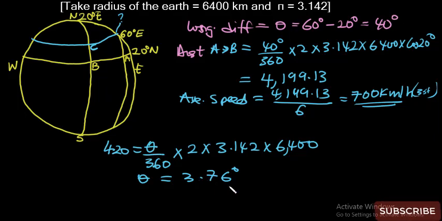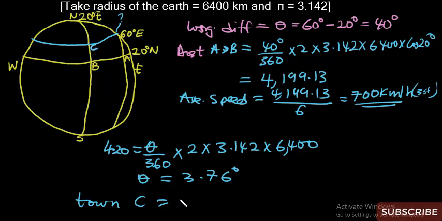So the latitude of town C is equal to, remember, it's going up, so we're going to add to 20 degrees. In the previous question it was going down, so we had to subtract, but this time around it is going up, so we have to add to it.